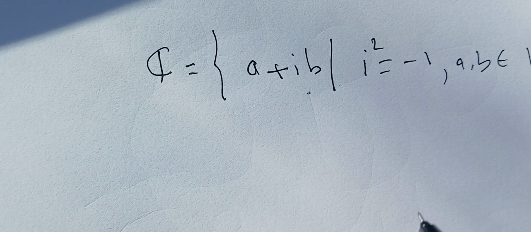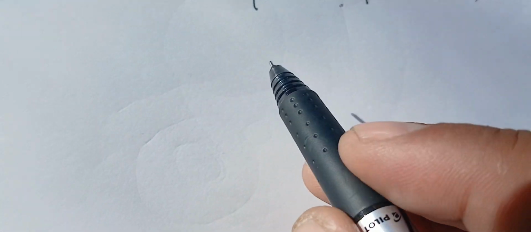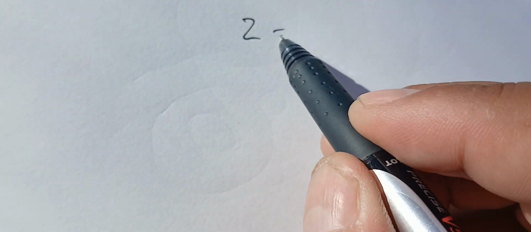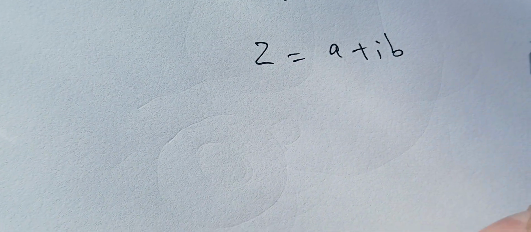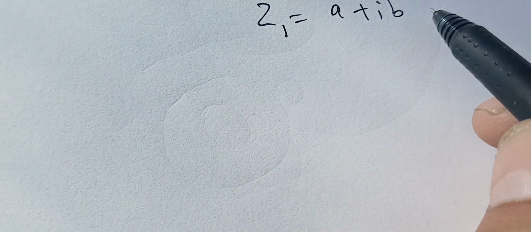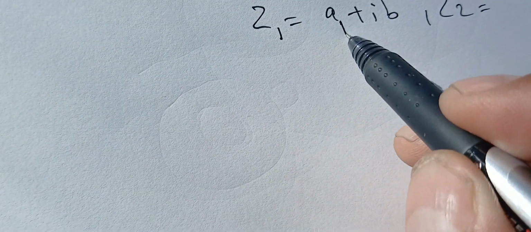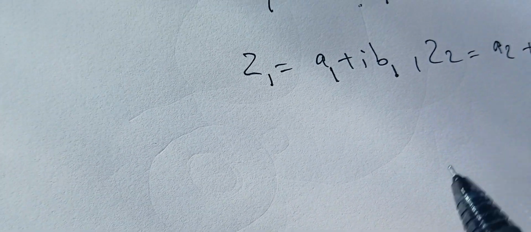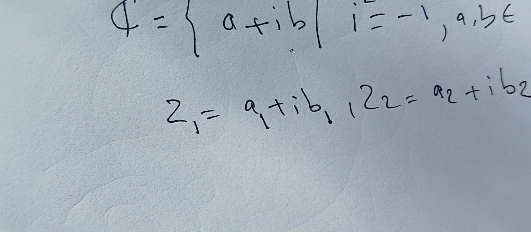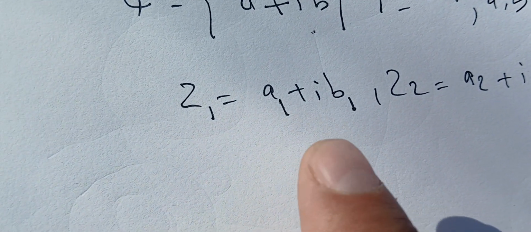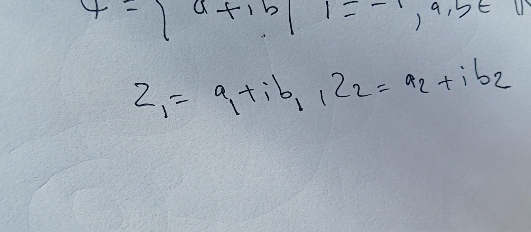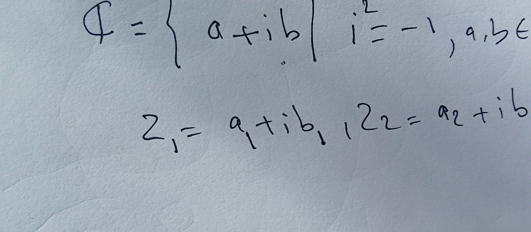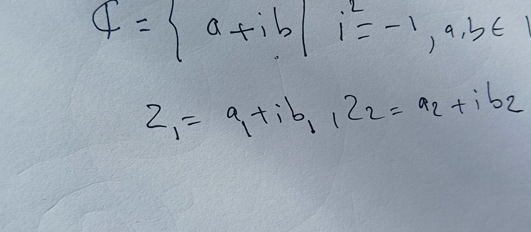So for instance, if we have z1 as a1 plus i b1, and z2 as a2 plus i b2, now we have two complex numbers. The a1, b1, a2, and b2 are real numbers. Okay, they have to be real.